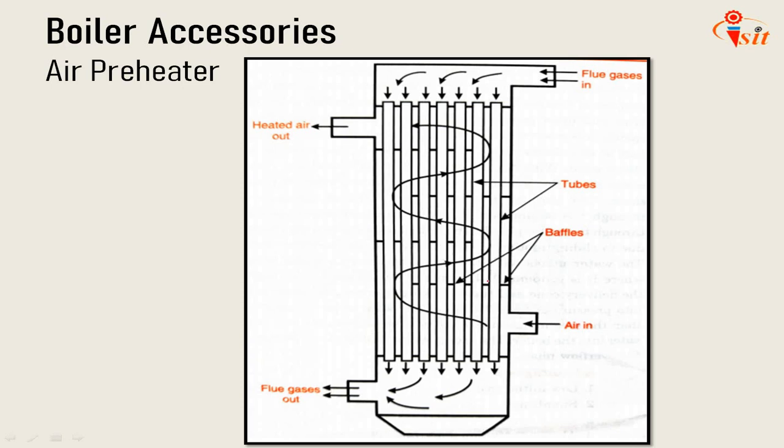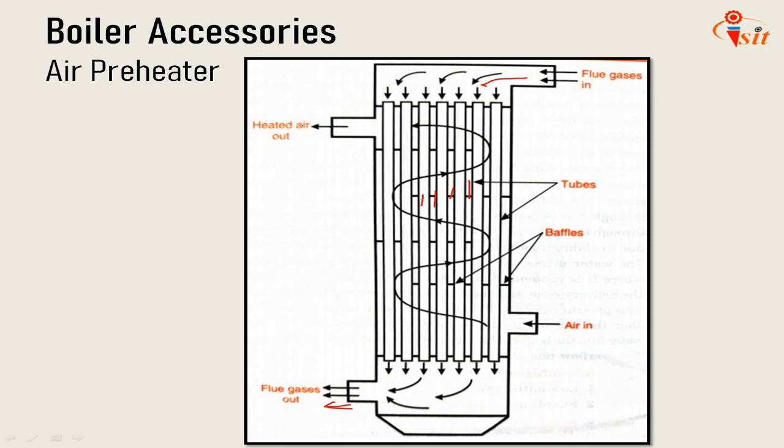An air preheater consists of plates or tubes with hot gases on one side and air on the other side. So here, hot gases in, flue gases out here, air in and heated air out.